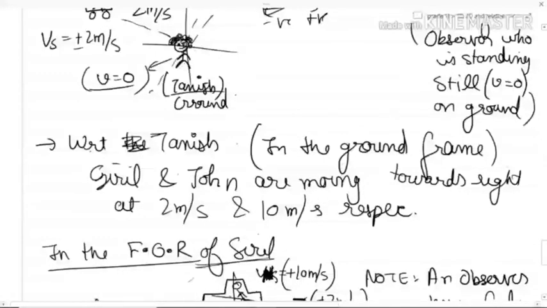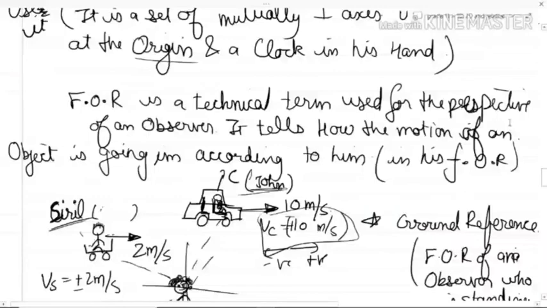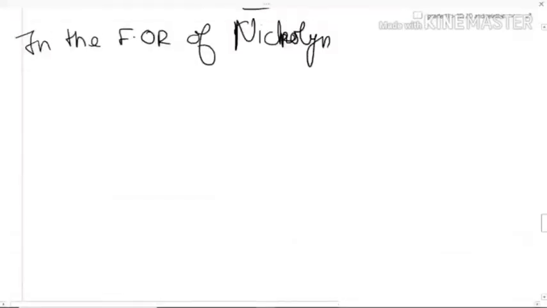Cyril will be at rest. John will be moving at whatever. Put Nicolin in place of John, no problem. So don't write this example, okay? Just write these two first initial statements. Are you done with writing the initial statements? Then after that I'll tell you what to write.